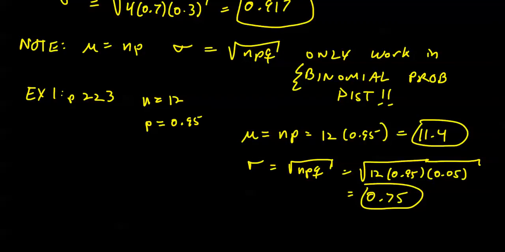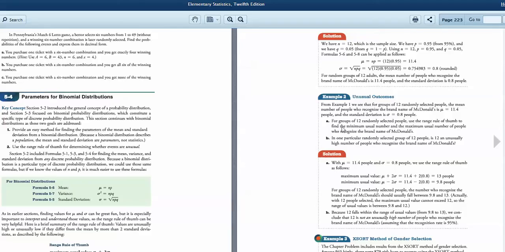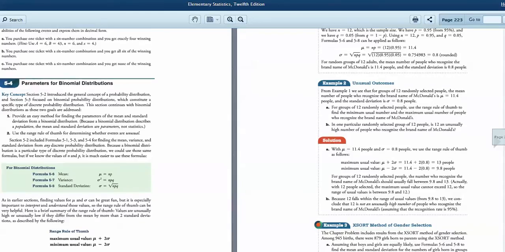Alright, I want to look back at the book here for a moment. I'm looking at example 2, unusual outcomes. Okay, they're still referring to example 1. It says for groups of 12, part A in example 2, for groups of 12 randomly selected people, use the range rule of thumb to find the minimum usual and maximum usual number of people who recognize the brand name of McDonald's.